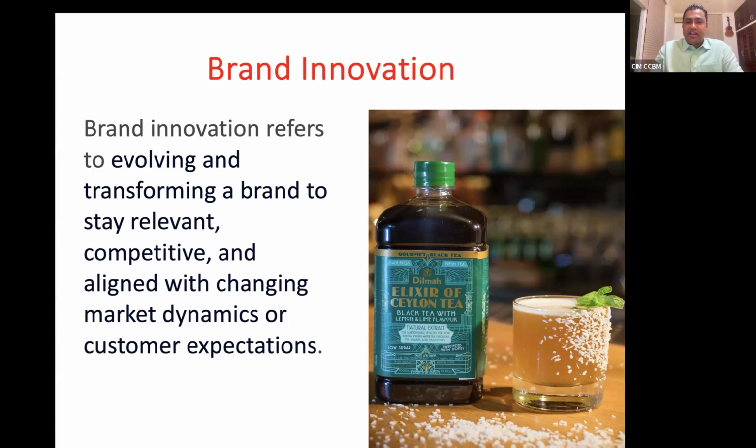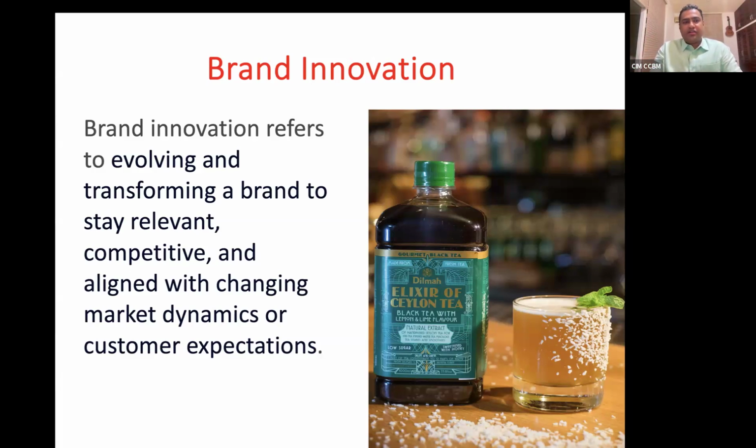And this is tea extract. So you can see how innovative this is. Rather than just drinking hot tea all the time and selling tea leaves, they're thinking of ways in which tea can be used as a cocktail, as an ingredient, innovative methods to sell the same product.